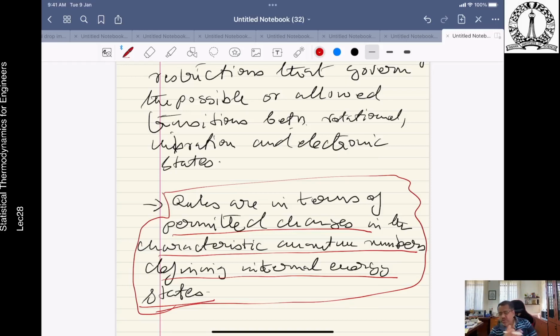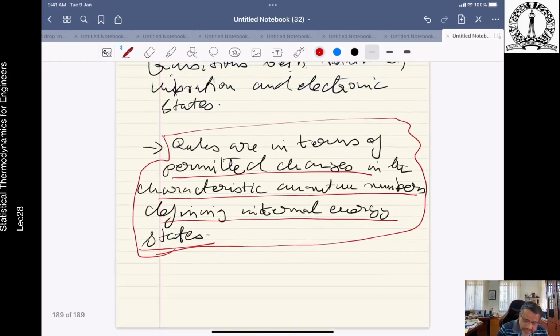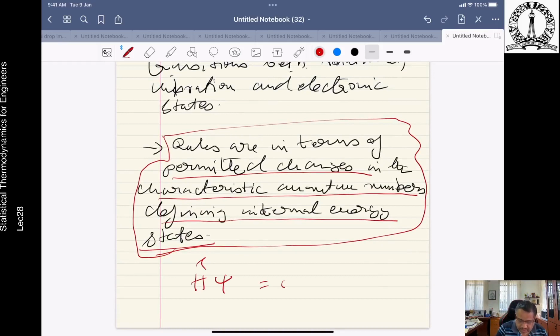Spectroscopically you can do a lot of these things, but if you want a theoretical analysis, you apply what we call perturbation theory on the time-dependent Schrodinger wave equation. Just recall, this was the time-dependent Schrodinger wave equation.